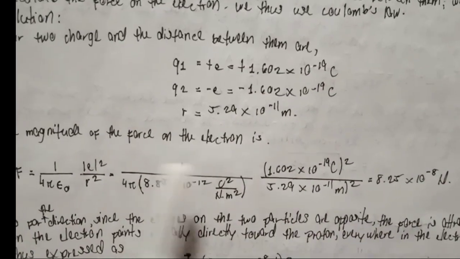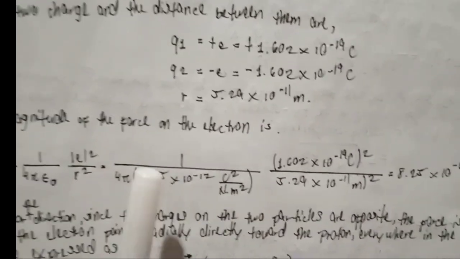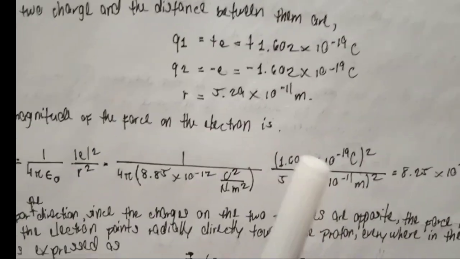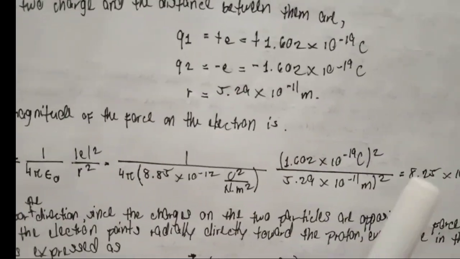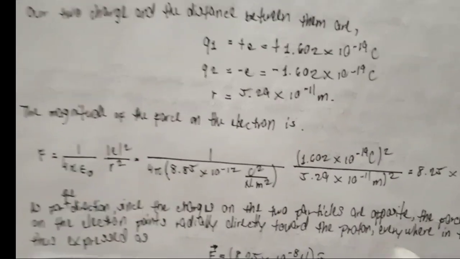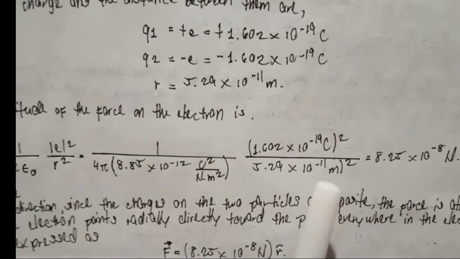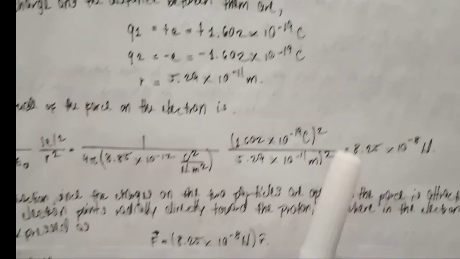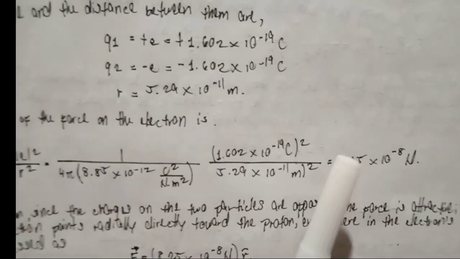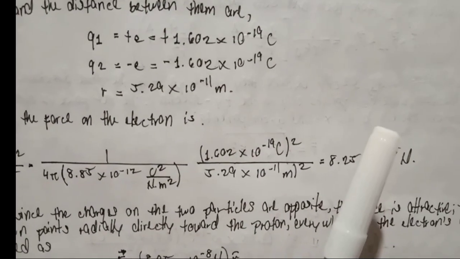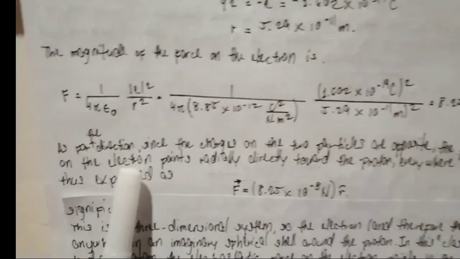So our e is 1.602 times 10 raised to the power of negative 19 coulomb, squared, over r squared, which is 5.29 times 10 raised to the power of negative 11 meter, squared. Substituting, this is the answer: 8.25 times 10 raised to the power of negative 8 newton.